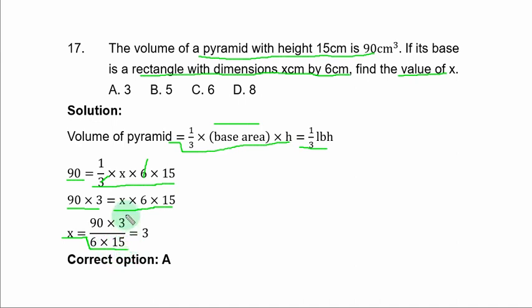Simple arithmetic. 3 reduces 6 to 2, 2 reduces 90 to 45, and 15 reduces 45 to 3. So A is the correct option.